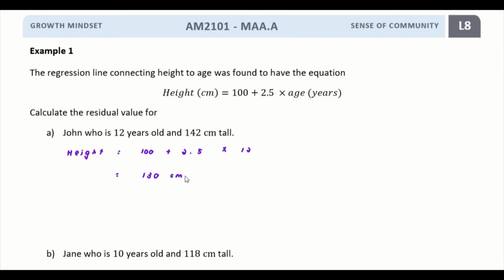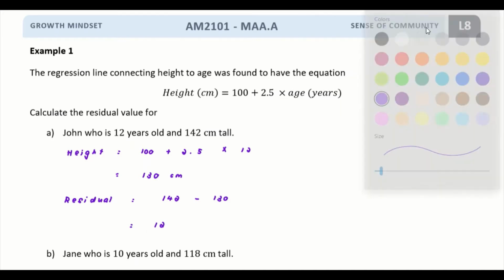Which means by using this regression line, someone who is 12 years old should have a height of 130. But in the actual situation, John is 142 cm. So the residual is equal to the actual value minus the prediction, so we have 142 minus 130, which gives us a residual of 12.